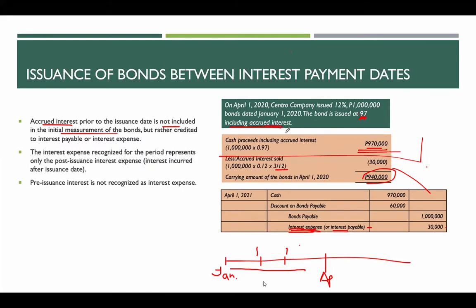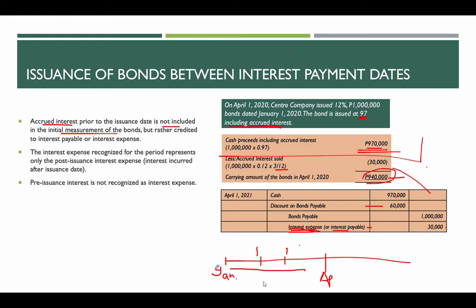So to determine the discount on bonds, this is kung ito yung carrying amount ng bonds mo na walang accrued, compare mo doon sa face value niya, the difference is your discount. That is why ang discount natin ay 60,000. Okay, 1 million minus 940,000, 60,000.